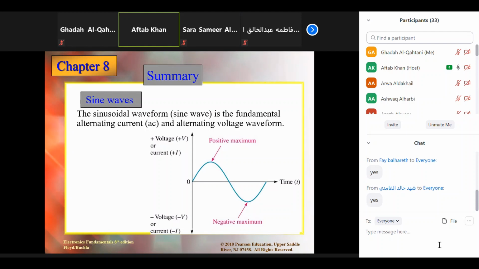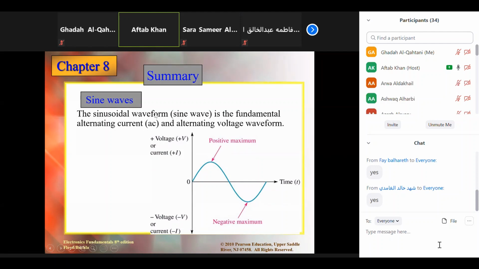As the name says, alternating current, you can see here, it is basically the sine wave. Hope you have an idea of the sine function. The sinusoidal waveform is basically a sine wave, which is a fundamental alternating current (AC) and alternating voltage waveform.